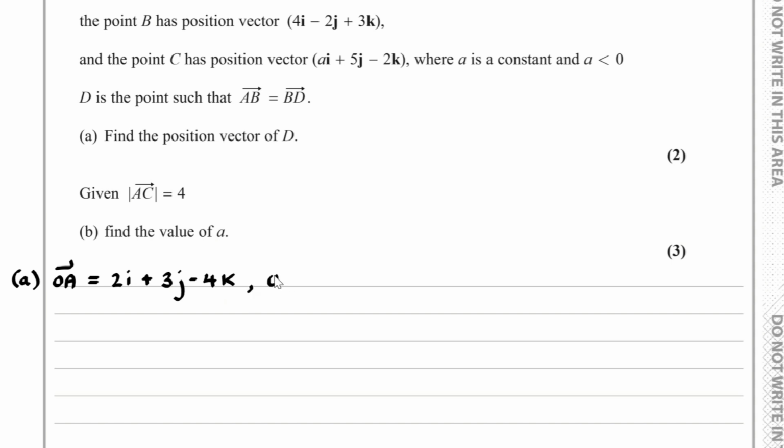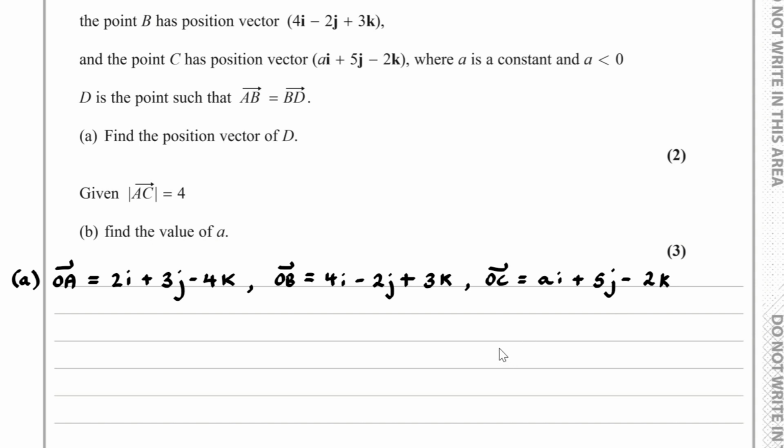I know the vector OB, that's equal to 4i minus 2j plus 3k, and the vector OC that's equal to ai plus 5j minus 2k.